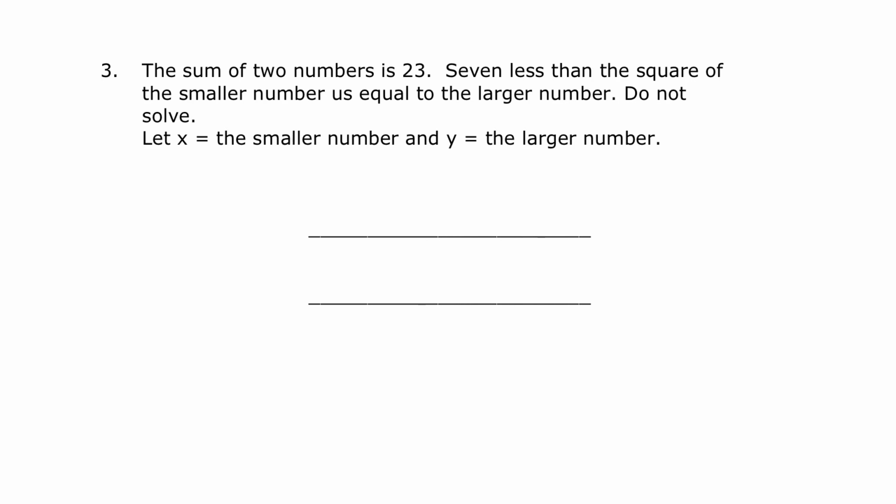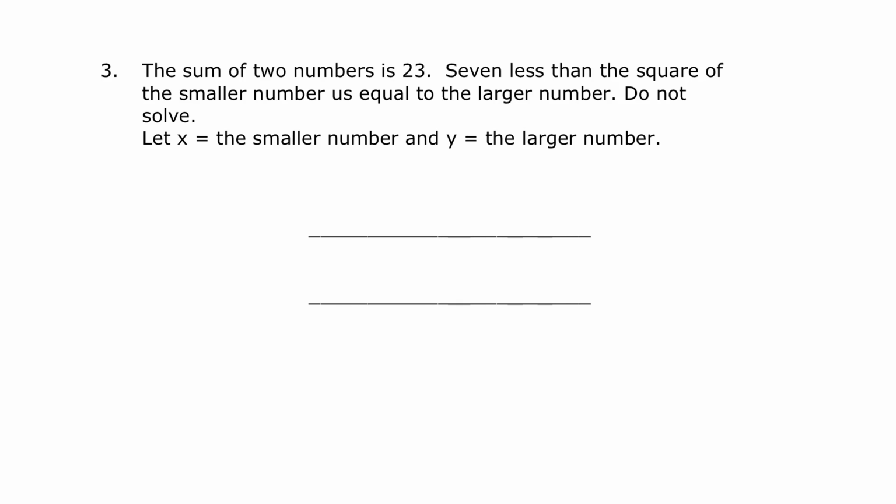Let's take a look at the very last example here. It says the sum of two numbers is 23. Seven less than the square of the smaller number is equal to the larger number. Do not solve, and we're going to let x be the smaller number and y the larger number. Let's read through this again and do some highlighting.